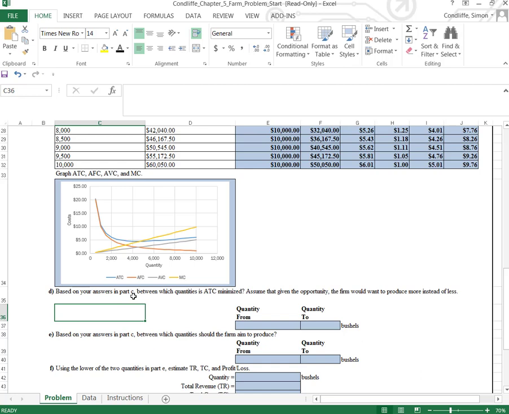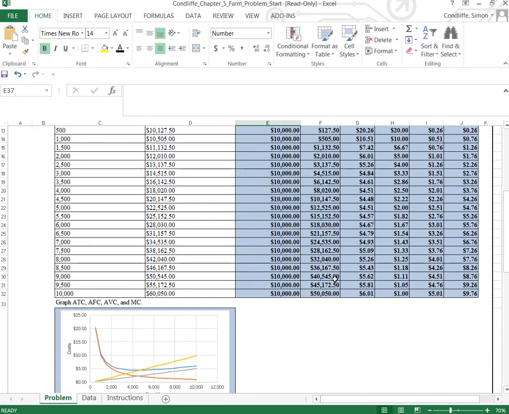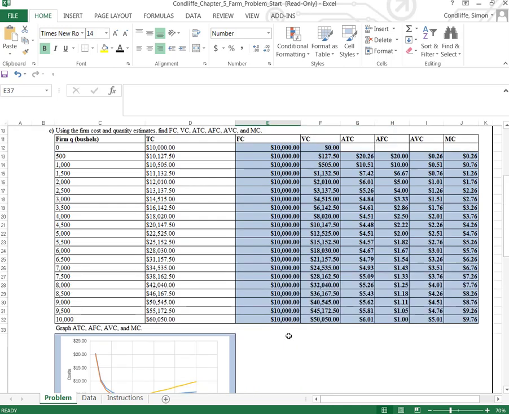Based on C, between which quantities is average total cost minimized? Assume, given the opportunity, the farm would want to produce more instead of less. So, part C, we're looking for where average total cost is minimized. So that's it. There's 451, 448, 451.